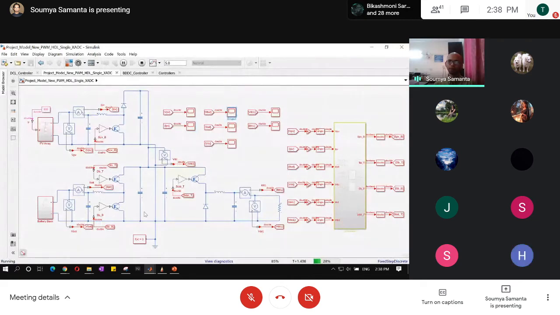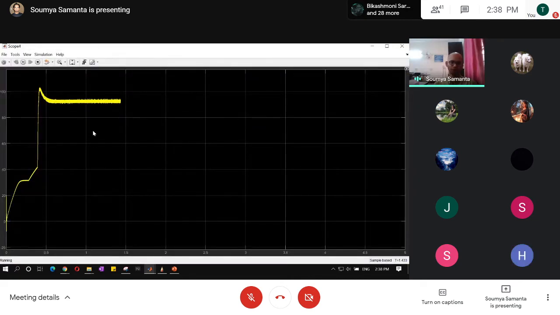Now the battery voltage, if I show you, it is getting higher because of simulation. The same 5 volt we have used, but we are getting a very high voltage. But when we use it practically, you will see it will be around 64 volt. That is the difference between simulation and practical.